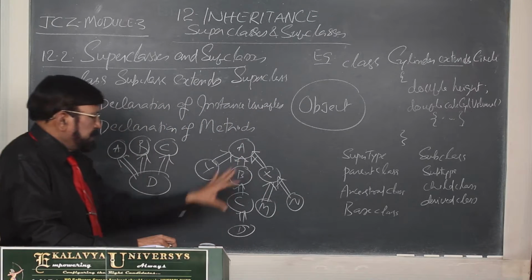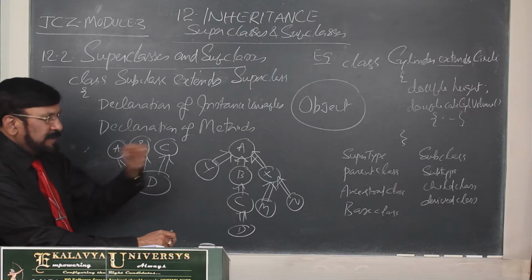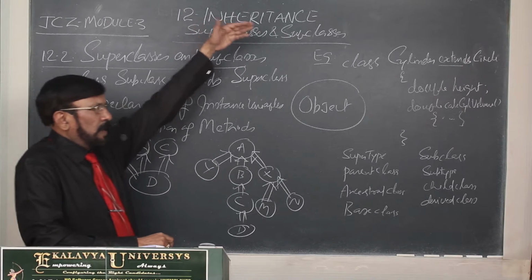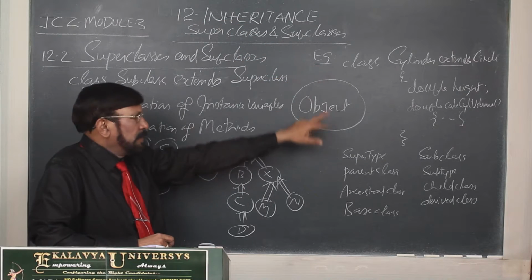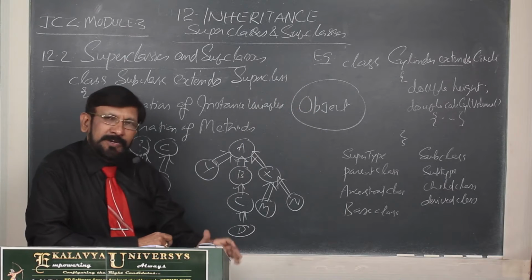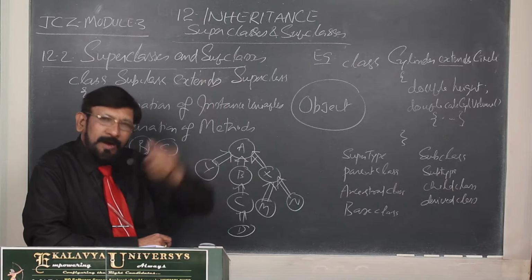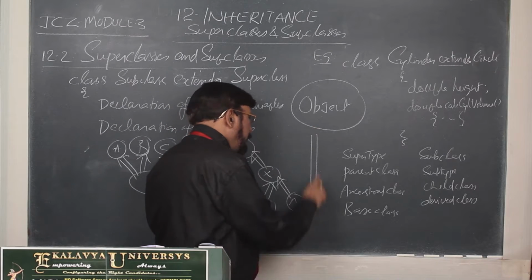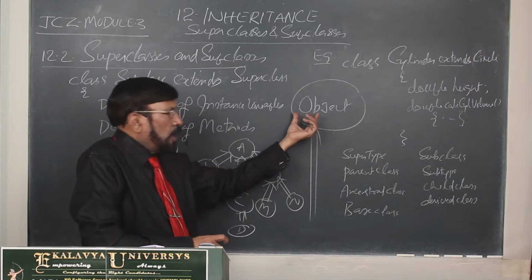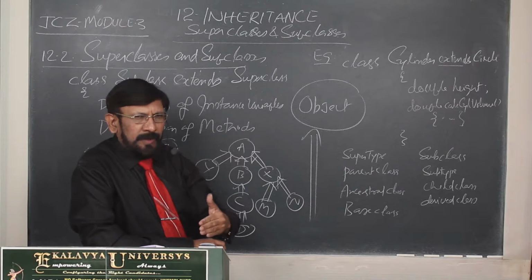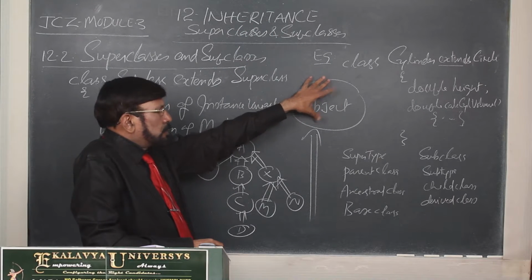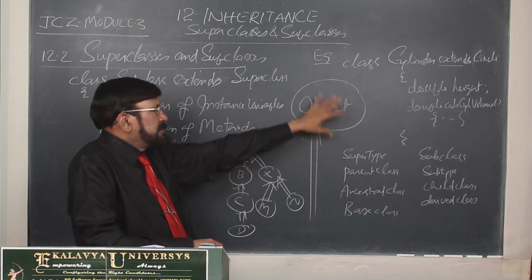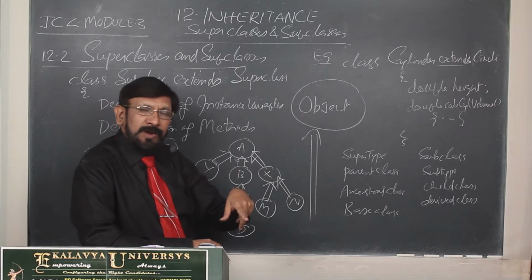And now you see, this is the hierarchical relation. At the top of all Java classes, one class is there, called the Object class, at the top or root, anything. However, we are showing it vertically, and always I call it top.